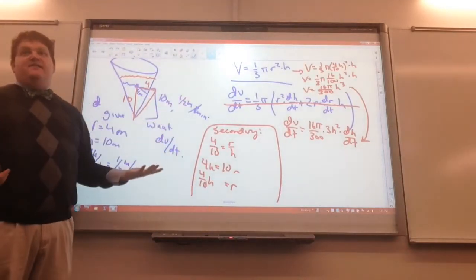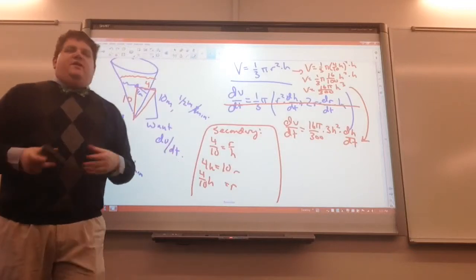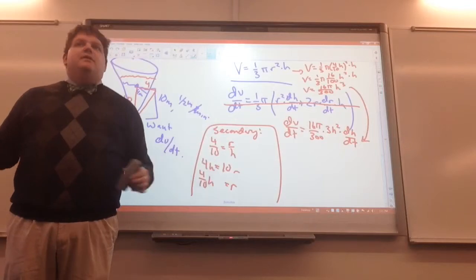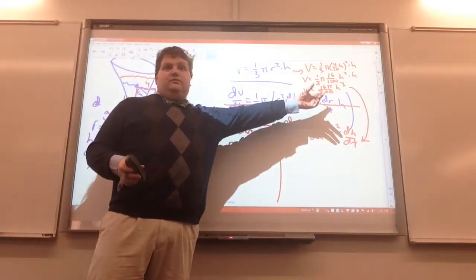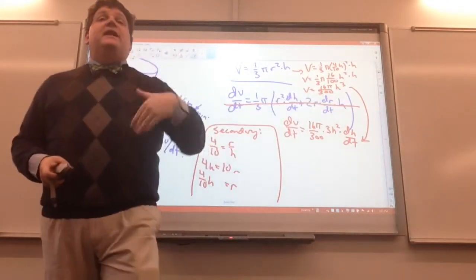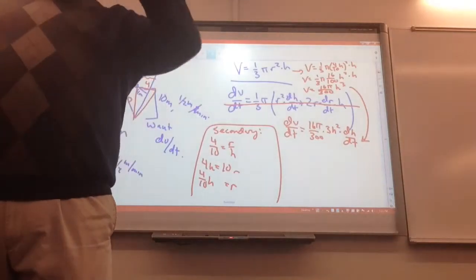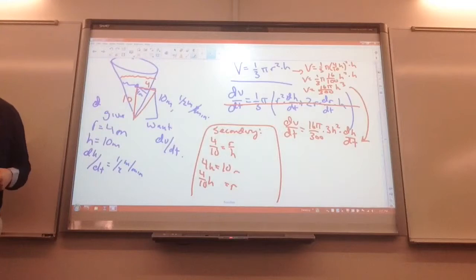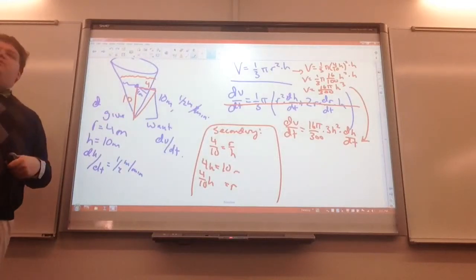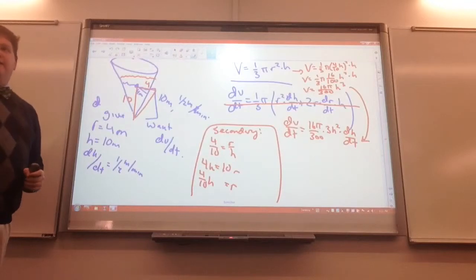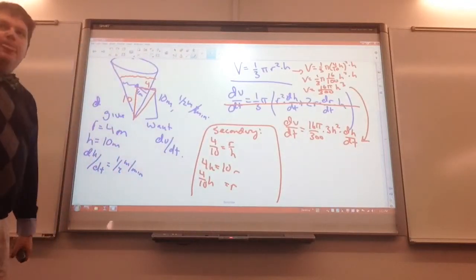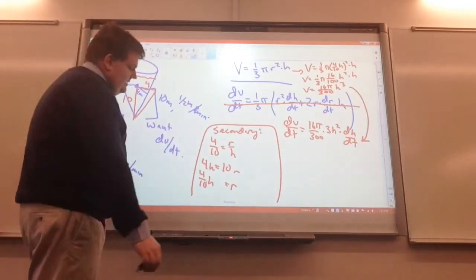Because we're doing the derivative of h but still with respect to time, the derivative of h cubed becomes 3h squared, times dh by dt. Just get used to tagging that on. Normal differentiation, we wouldn't do that, but because we're doing it implicitly, we add it on. That's why that's there.